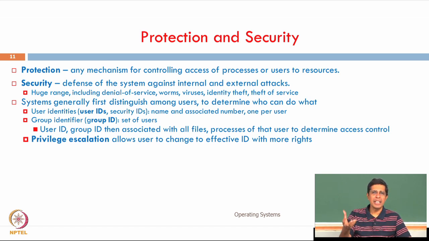So for every entity there is a way by which I can create certain access rights for certain users, and thereby ensure both protection and security. So, protection handles internal threats between the modules, and security handles external threats to the system.